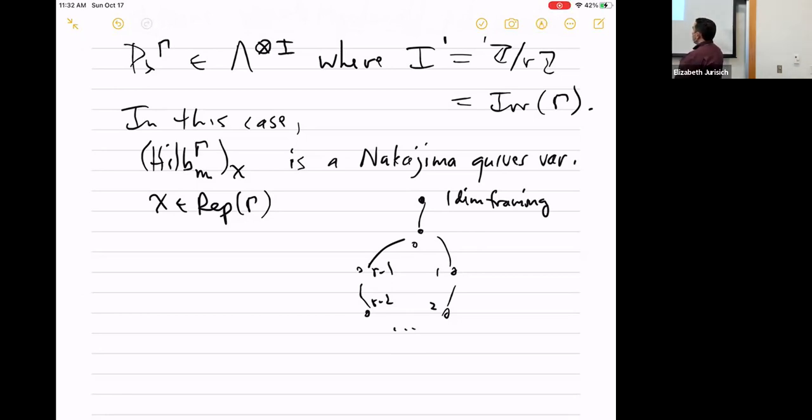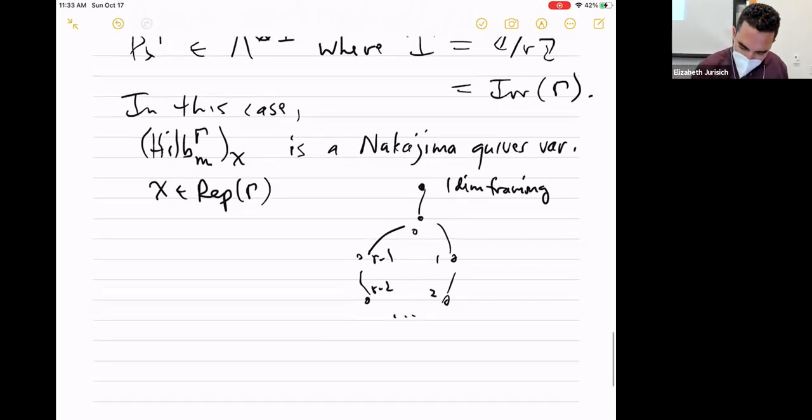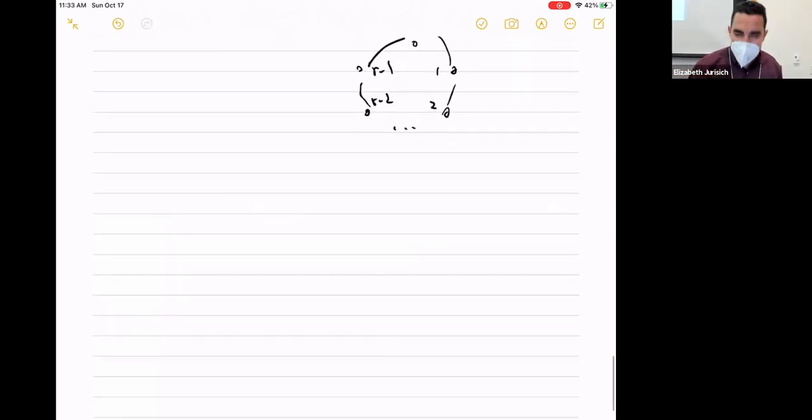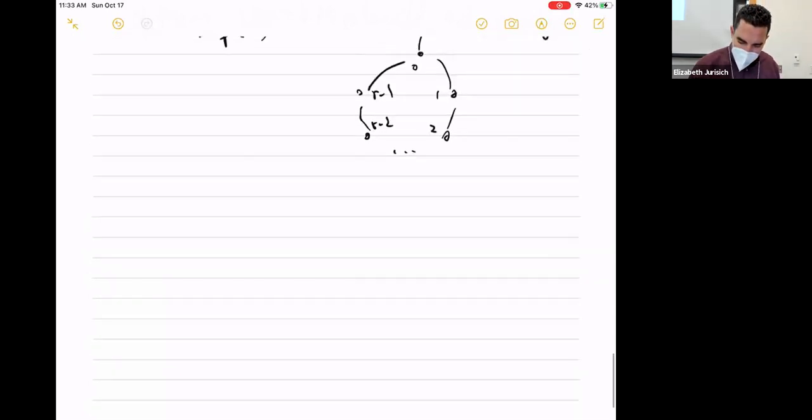And it's true in general that the fixed locus of the Hilbert scheme for any finite subgroup Gamma of SL2(C) is a Nakajima quiver variety. Okay. And the quiver is an affine type Dynkin diagram that comes from Gamma.